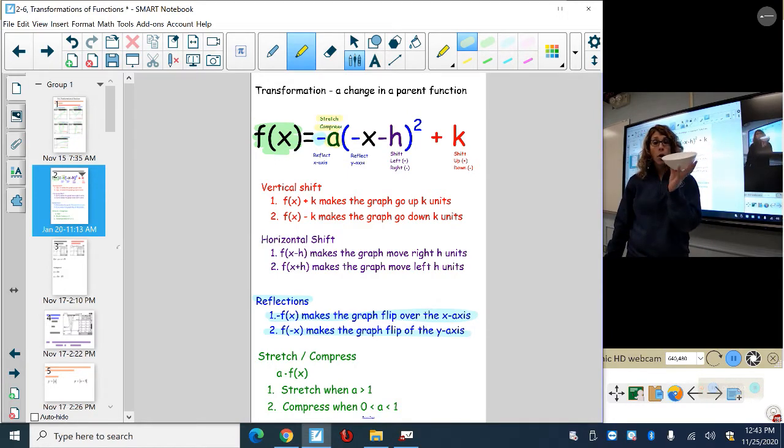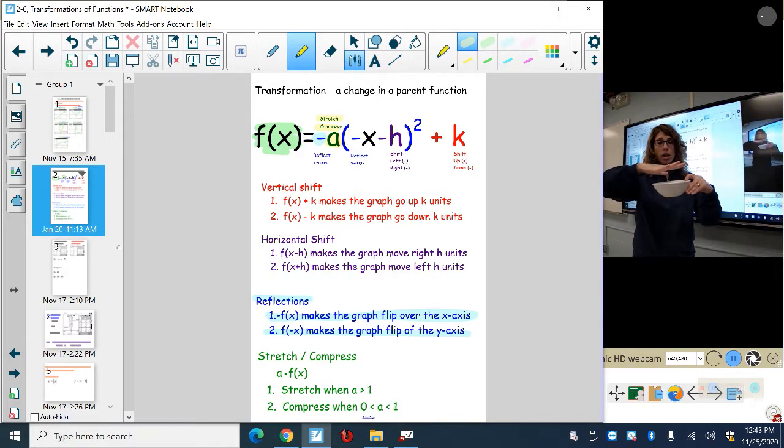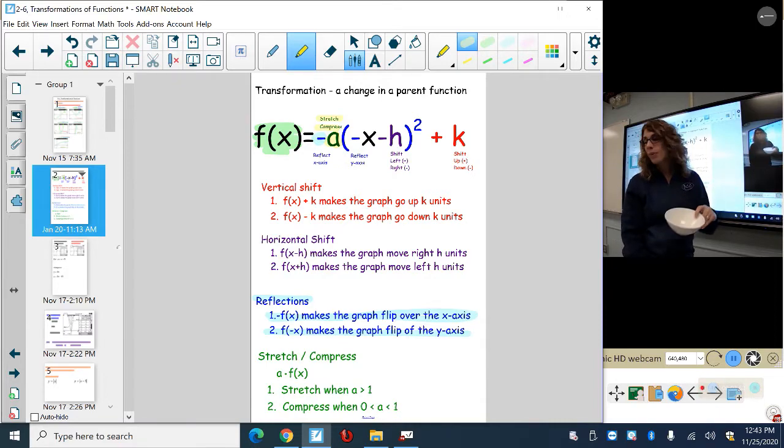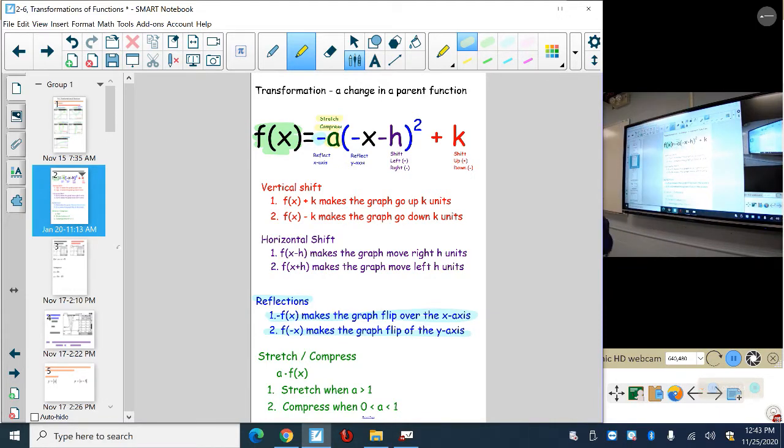Then the cereal bowl is the same concept, except we're smashing it down, and that means the trash spreads out into the trash bag a little bit more, creating more surface area, and it's short and fat, okay? Now, if you recall, it was a stretch whenever it was greater than 1. It was a compress when it was a fraction between 0 and 1.